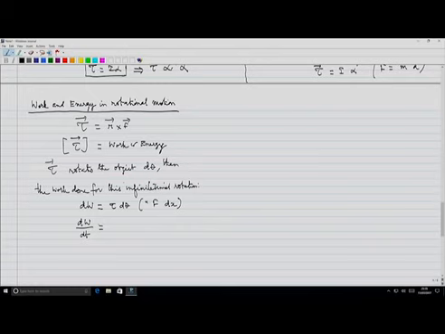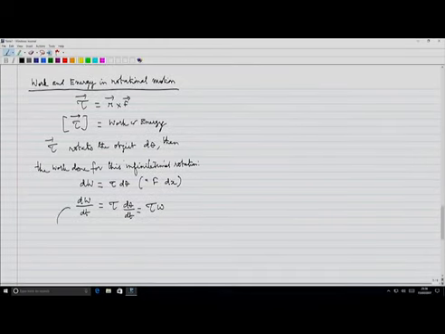The rate at which the work is done is equal to tau times d theta by dt. d theta by dt is omega, therefore it is tau times omega. So what is this quantity? The rate at which the work is done is the instantaneous power.